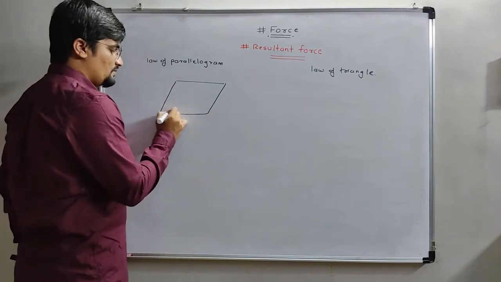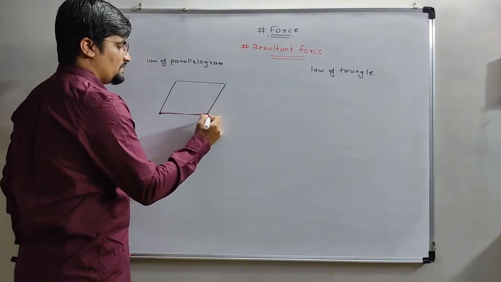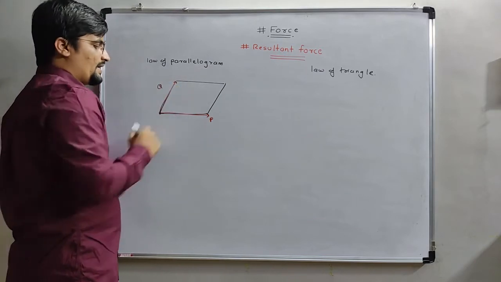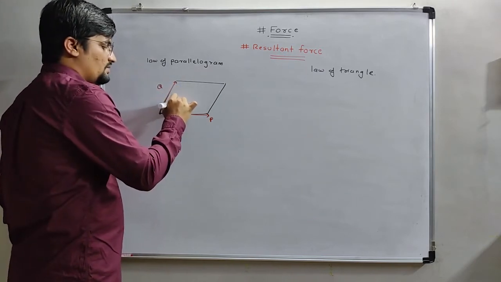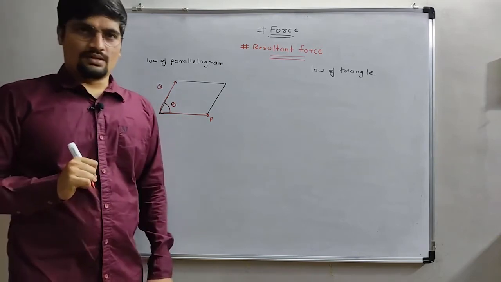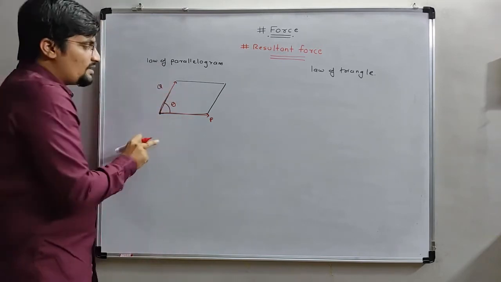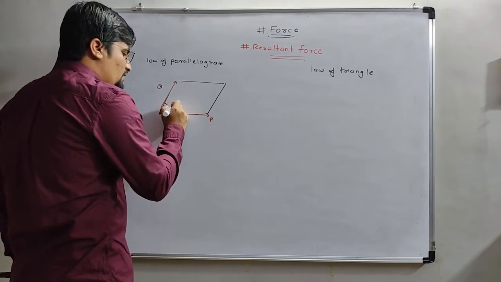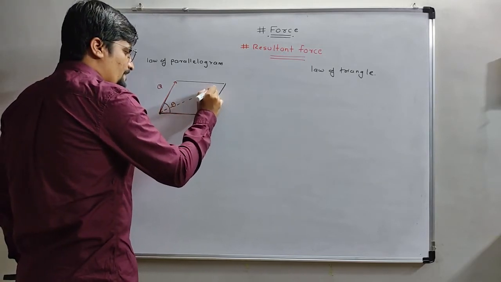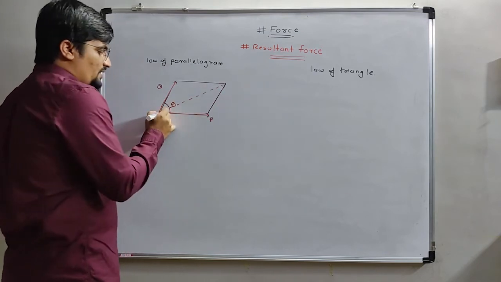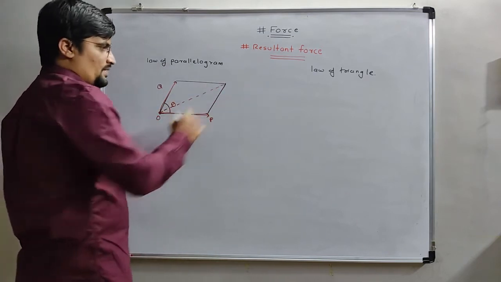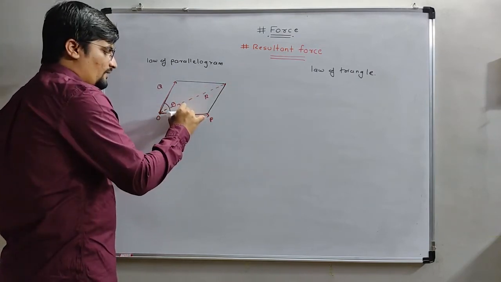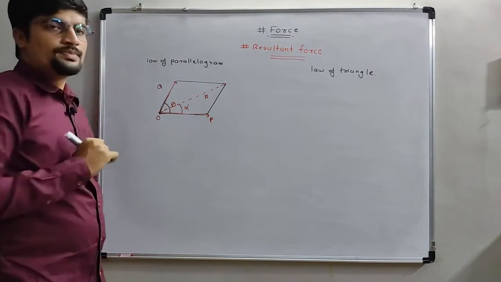First one is P, second one is Q. The angle between these two is theta. Then the resultant force of this is the diagonal of the parallelogram which starts from the intersection point O. It is considered as R. And the angle of R is alpha.